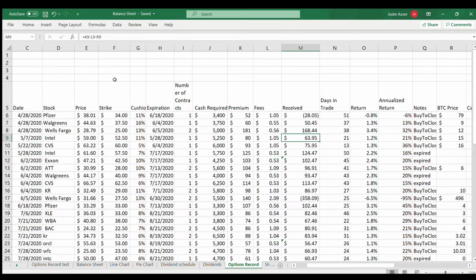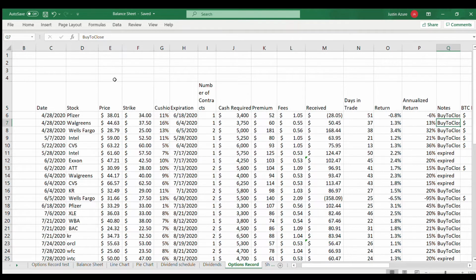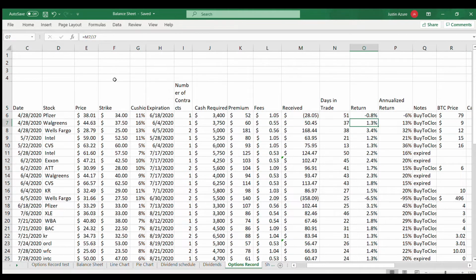Now, if we go up to this Walgreens, same thing. Strike price $37.50. Premium I got $60. Fees 55 cents. But what I did here is I bought to close early. So I have a little note, buy to close, and this is the price I pay to close it out.